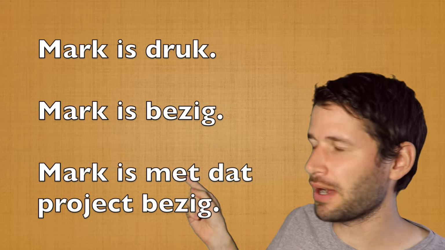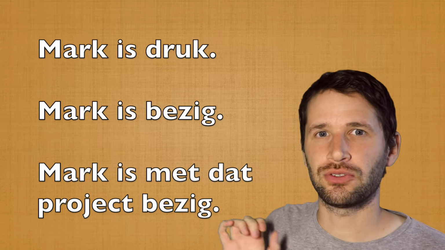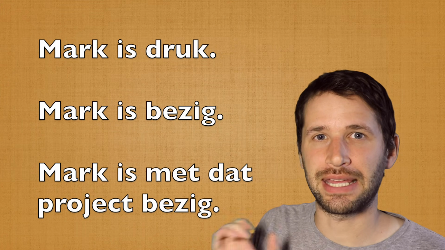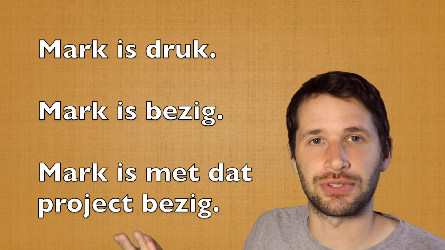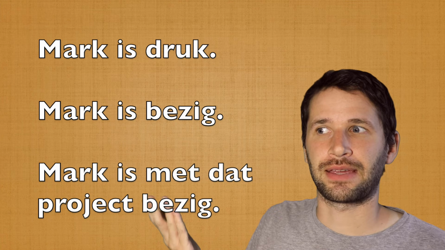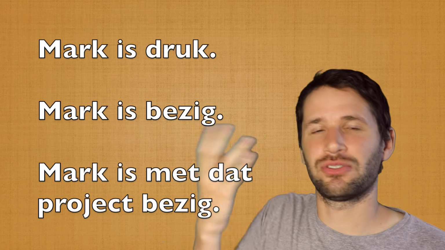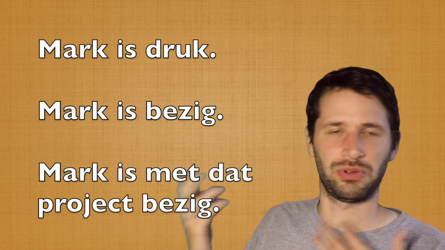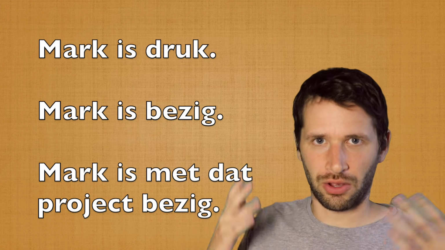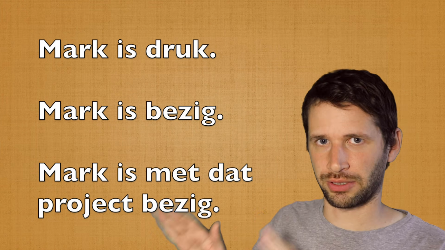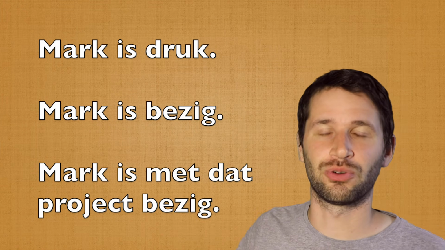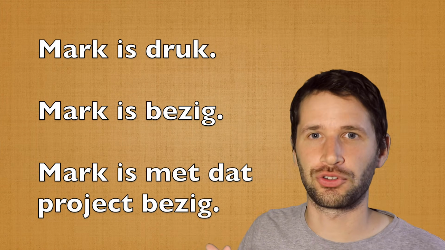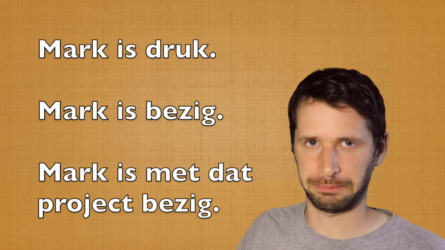For example, Mark is druk, then you're saying Mark is a busy person, like generally speaking a busy person. So he's doing a lot of things, and sometimes it's like, okay, Mark, calm down, please, because you're a busy person. It's like a personality trait.